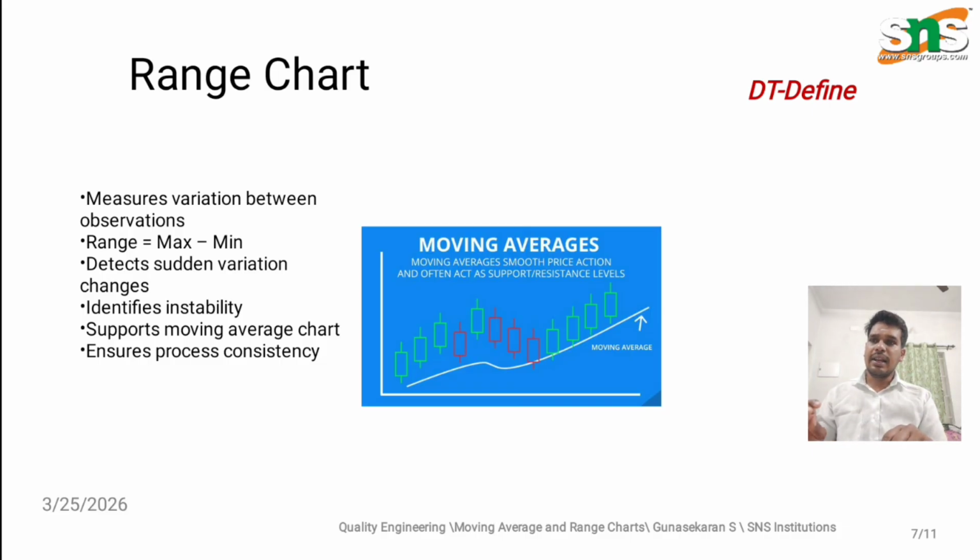The range is calculated as the difference between maximum and minimum values within a moving window or between successive points. The chart complements the moving average chart by monitoring variability. It ensures that variability remains within acceptable limits. It is nothing but the difference between maximum and minimum values within the moving window.